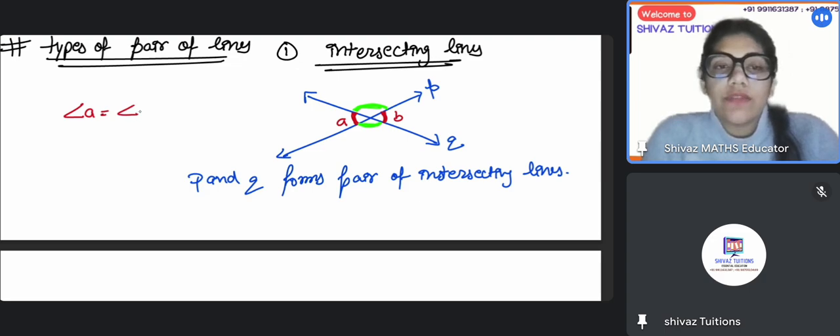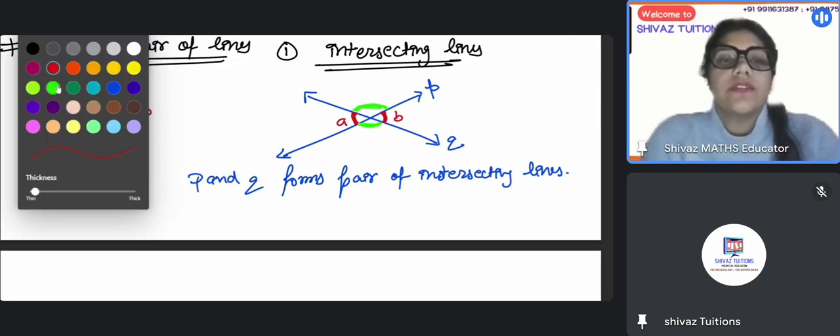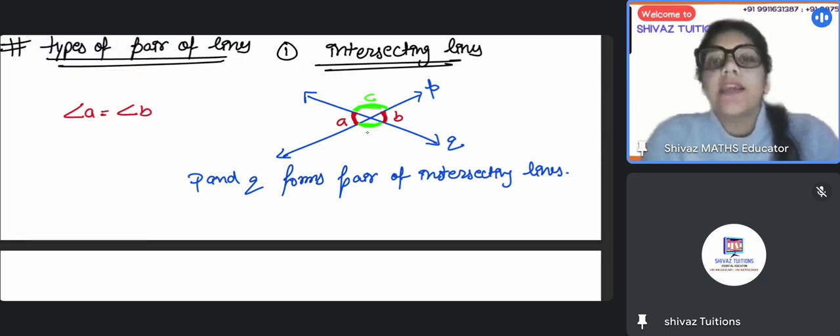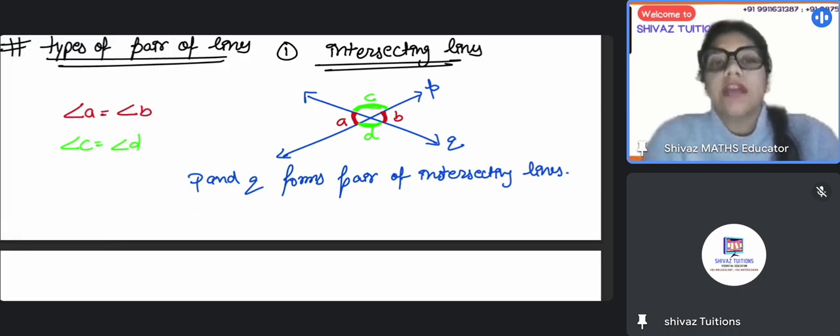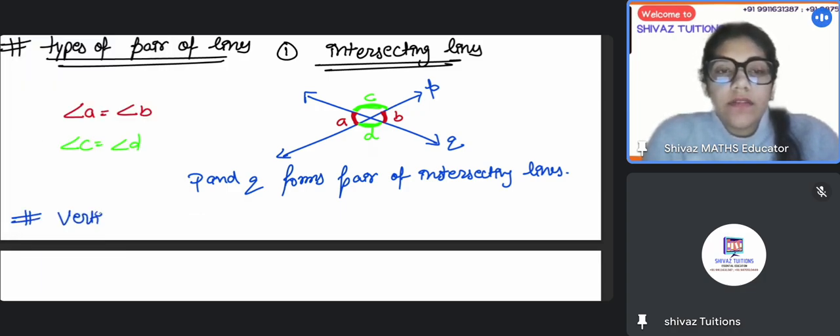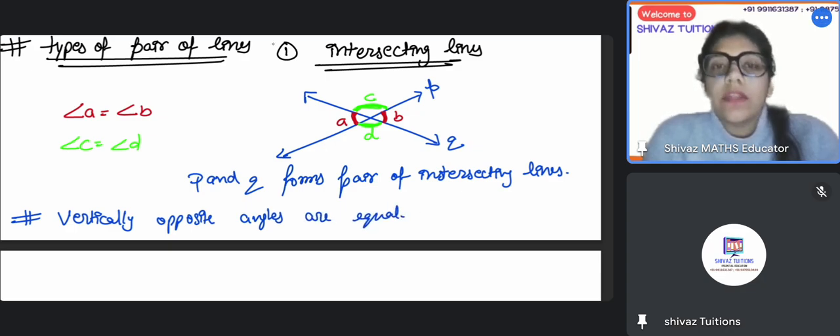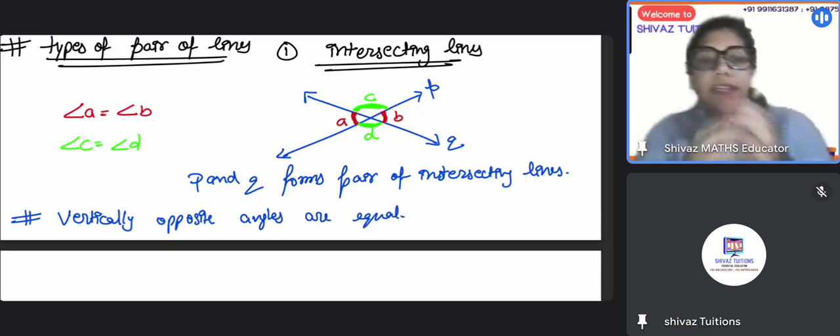If I name these C and D, angle C is equal to angle D. Is this clear about vertically opposite angles?